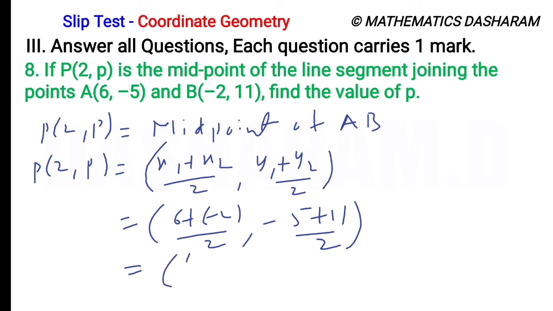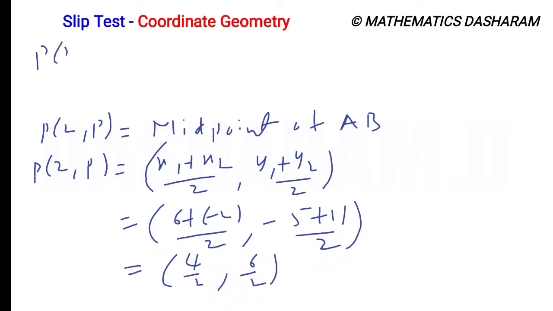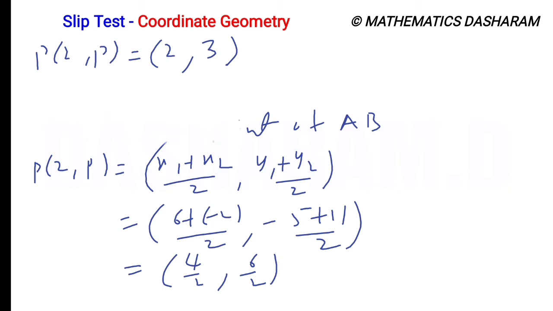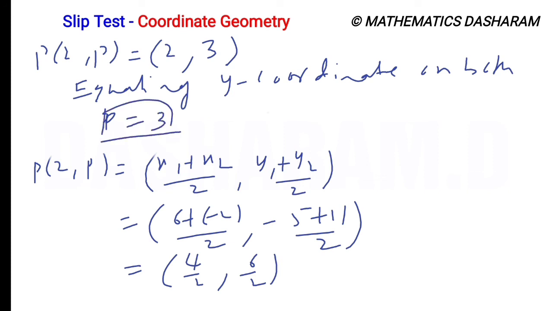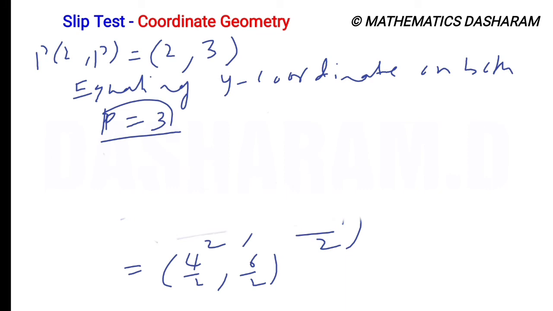So 6 plus minus 2 is 4 by 2, minus 5 plus 11 is 6 by 2. So P2 comma P equals 4 by 2 answer 2 and 6 by 2 answer is 3. So to get the P value, equating the y coordinate on both sides. Left side y coordinate is P, right side y coordinate is 3. So the P value is 3 is the answer.